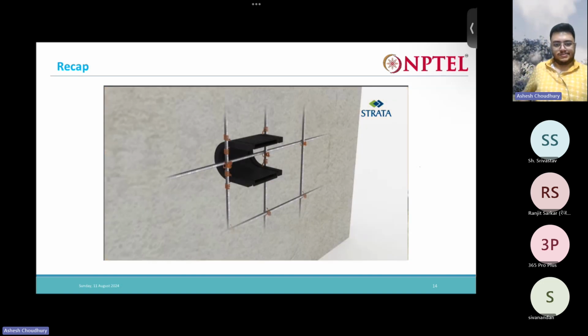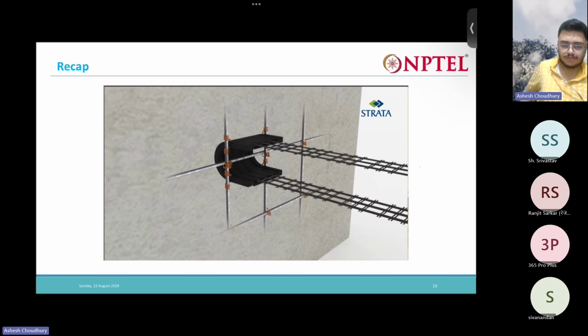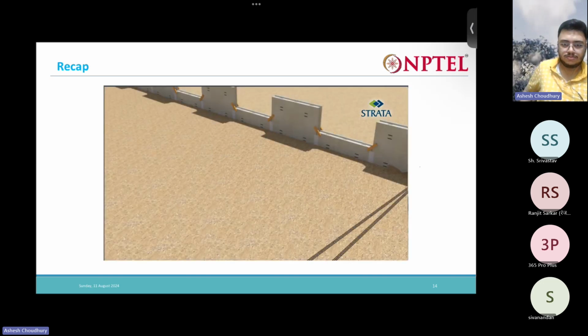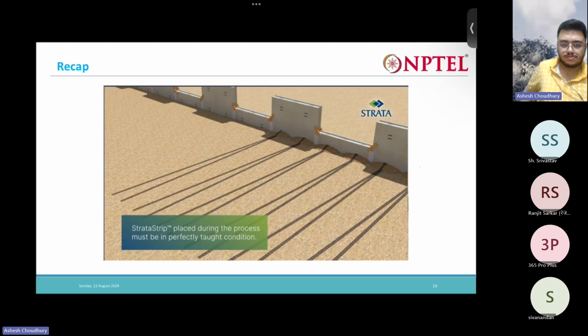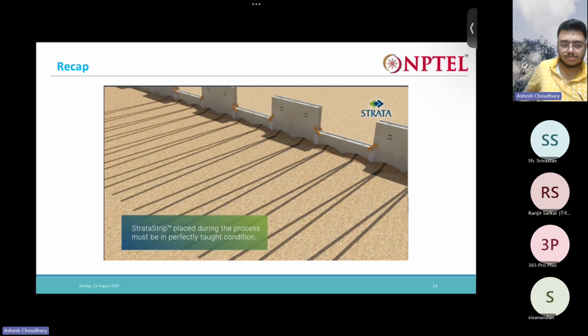Reinforcement strips are inserted in the panel. The strips shall be carefully rolled and placed near the respective panels. The strips placed during the process must be in perfectly taut condition.